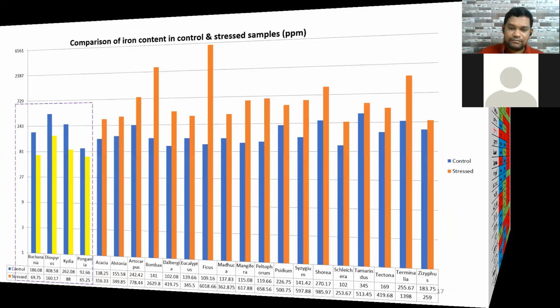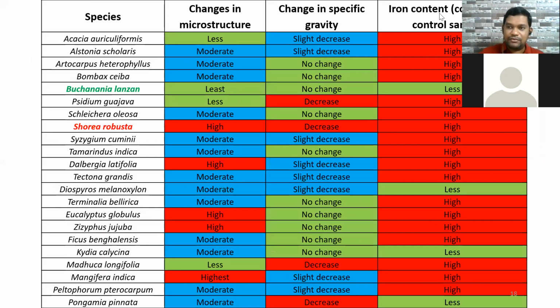And as a final conclusion, I would like to show this table, where my entire study was based on 3 different parameters. The first one was the microstructure analysis, followed by the iron element content, and there was one physical test which I did, which was the estimation of the specific gravity.